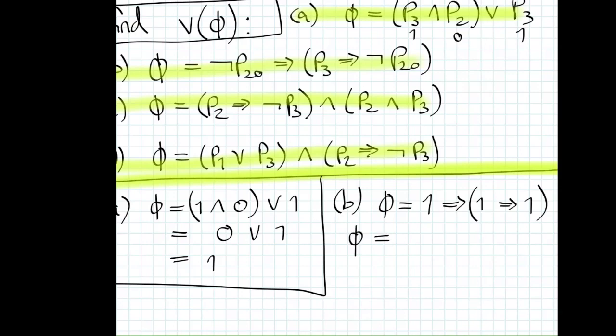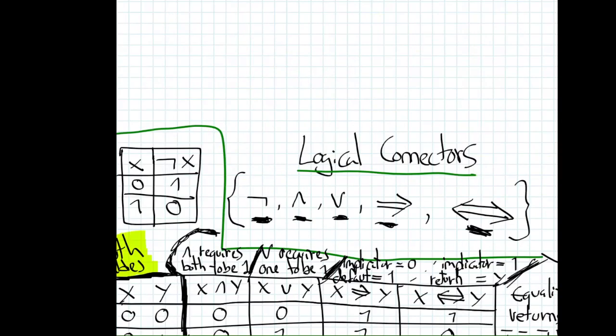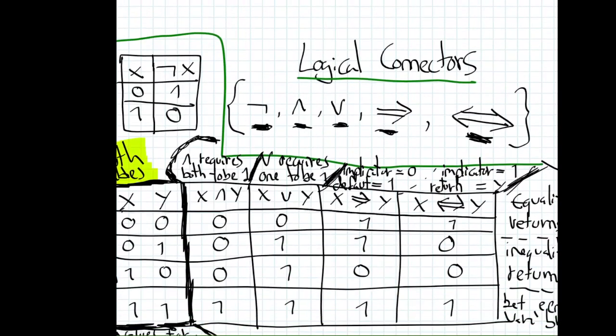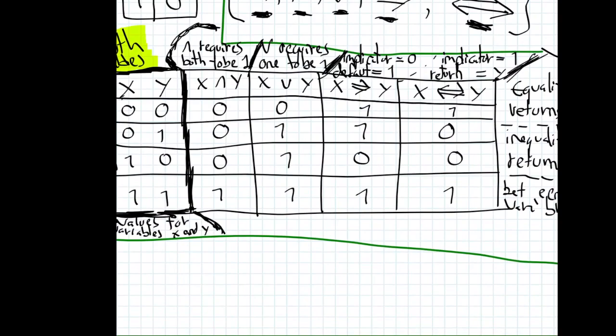And what is the implication rule set? The truth table of the implication is that x enables y, otherwise it's 1.